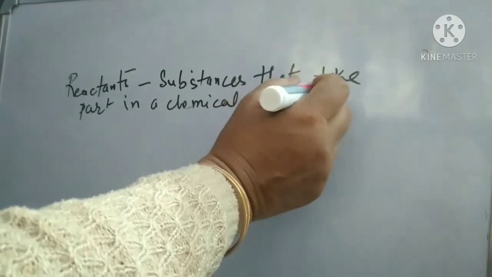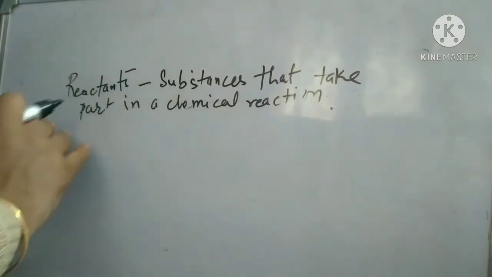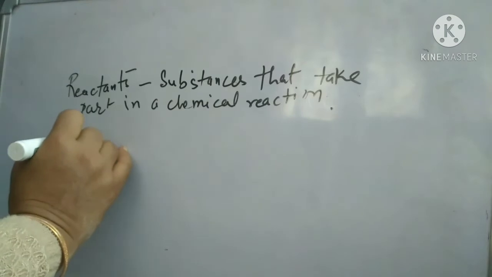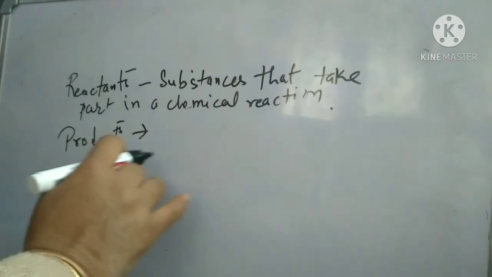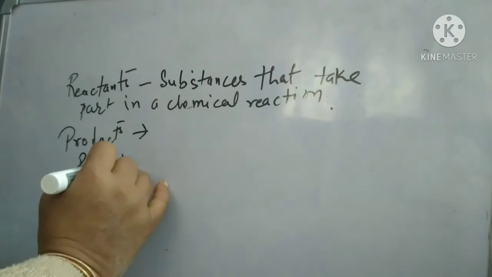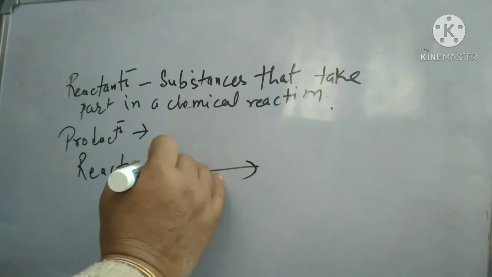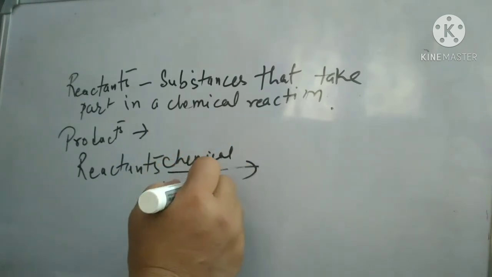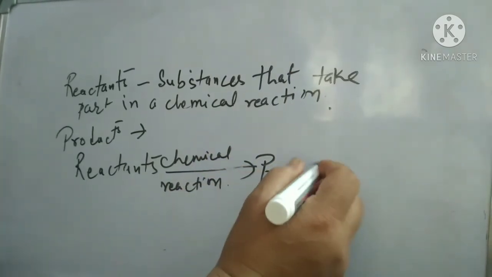Then the new substances which are formed because of the reactants are known as products. So when the reactants combine, the chemical reaction takes place and products are formed.